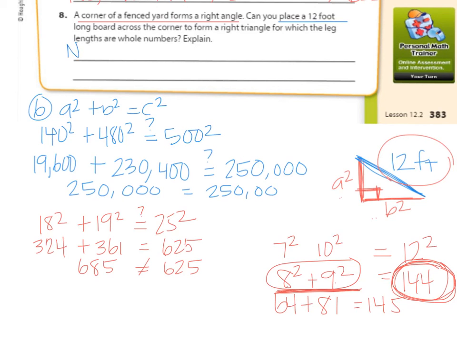So no, because there's no pairs of whole number values, of whole numbers whose squares add up to 12 squared.